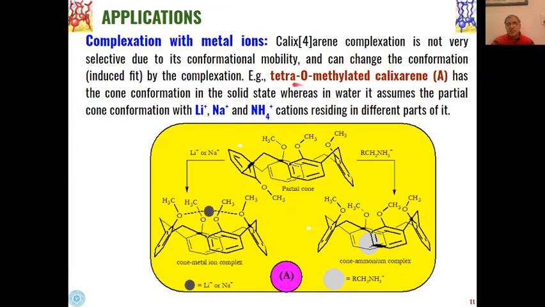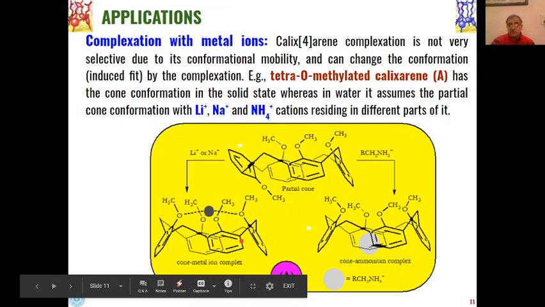For example, this tetra-O-methylated one, the 4 hydroxyl groups are methylated to give us tetra-O-methyl calixarene derivatives, and these derivatives can selectively bind lithium or sodium or ammonium derivatives in different parts of the system.